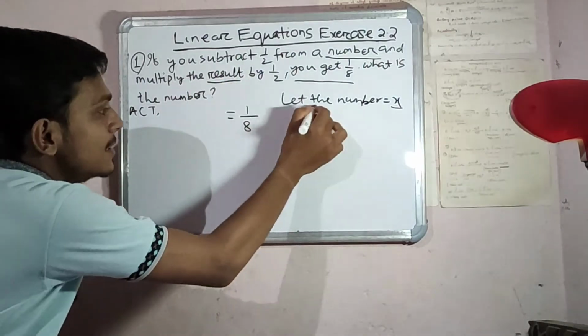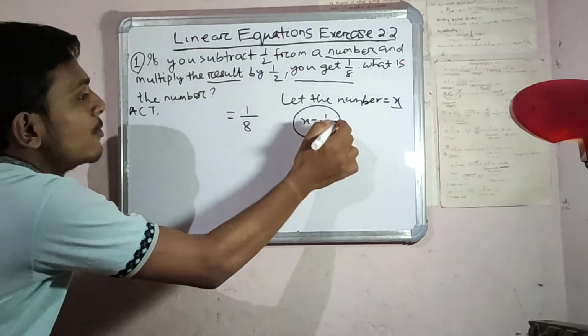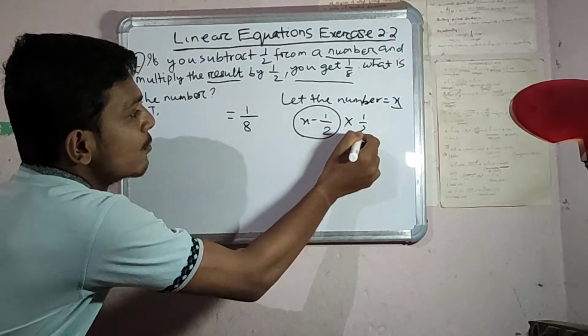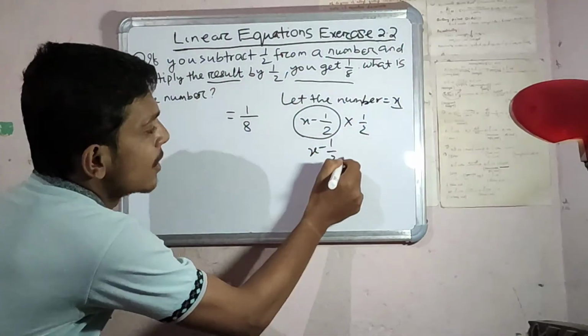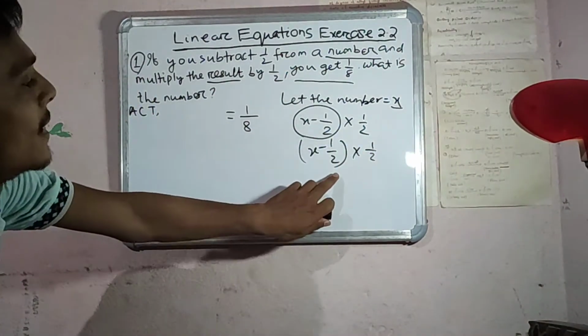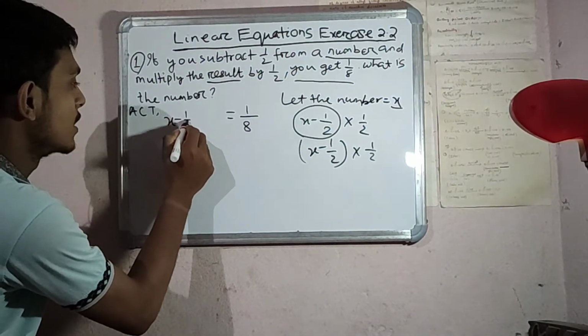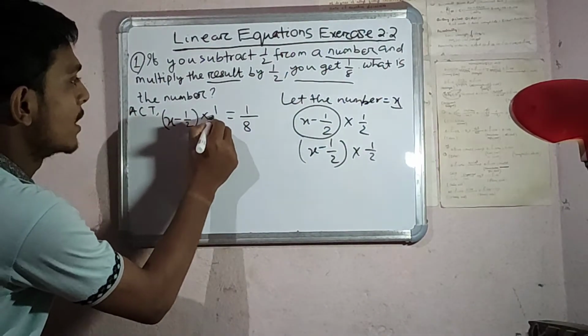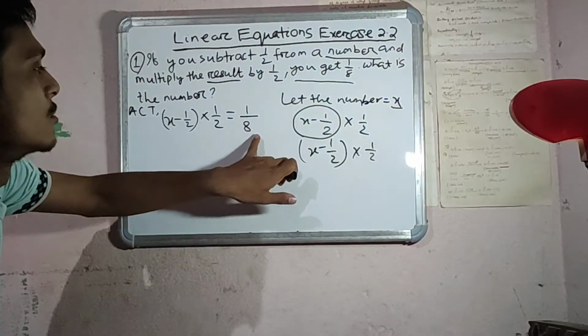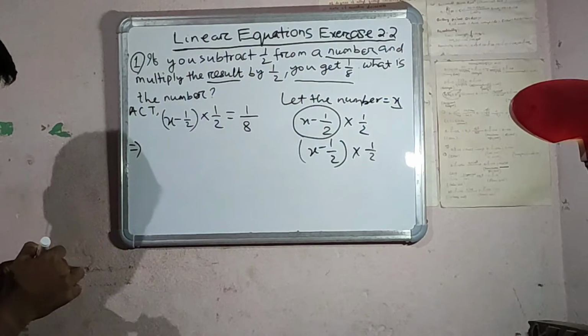Result means this is the result after the subtraction, and it is multiplied with 1 by 2. So x minus 1 by 2 is multiplied with 1 by 2. This is the final equation. According to the question, this is equal to 1 upon 8. So this is the linear equation. Then we have to solve this equation.